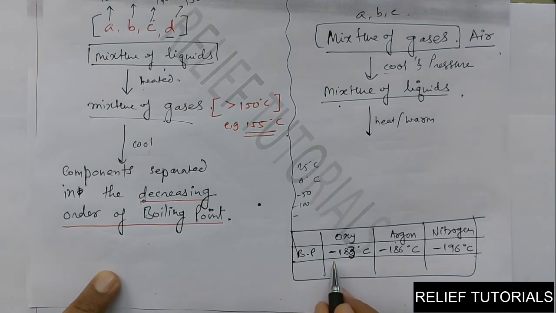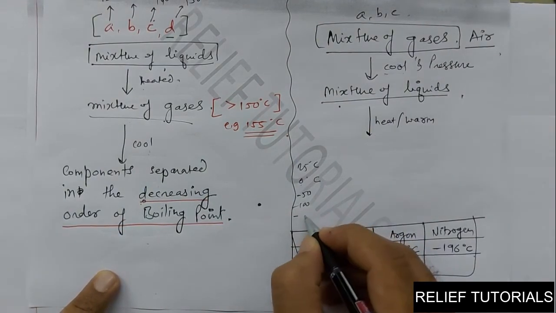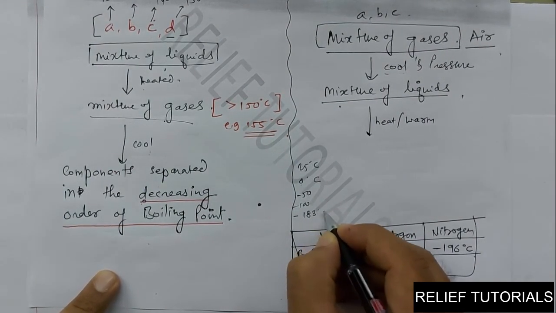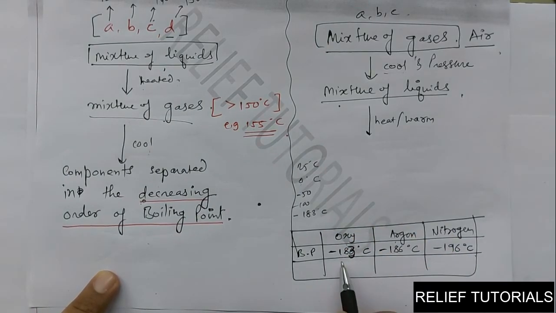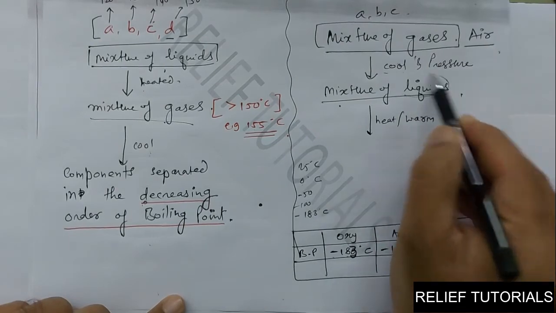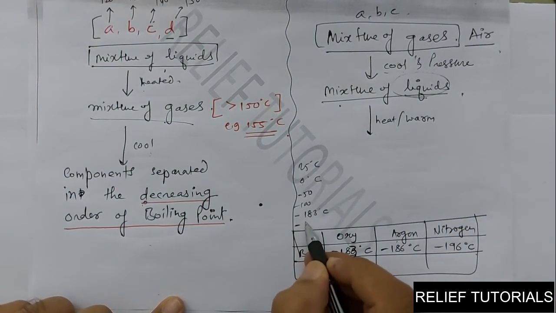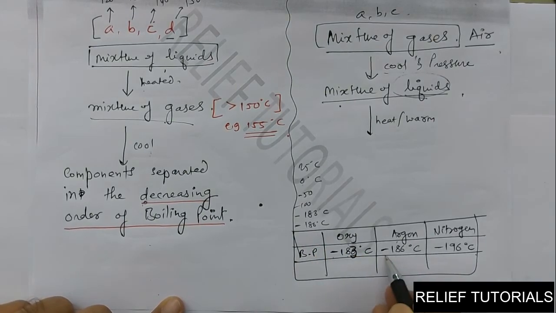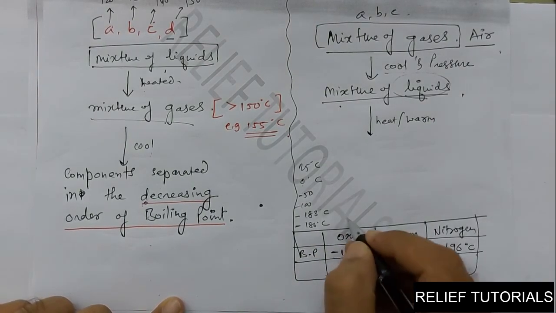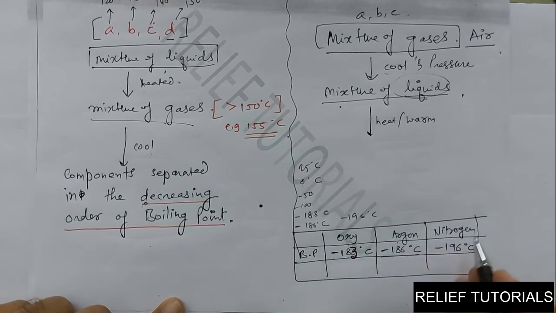Which temperature will you reach first? I think minus 183 degrees Celsius. So as the temperature reaches minus 183 degrees Celsius, oxygen starts to convert into liquid state. Then still cooler, at minus 186 degrees Celsius, argon will be liquefied, and at minus 196 degrees Celsius, nitrogen will be liquefied.